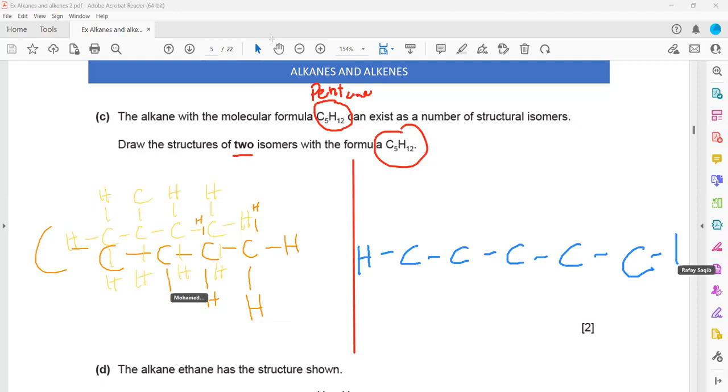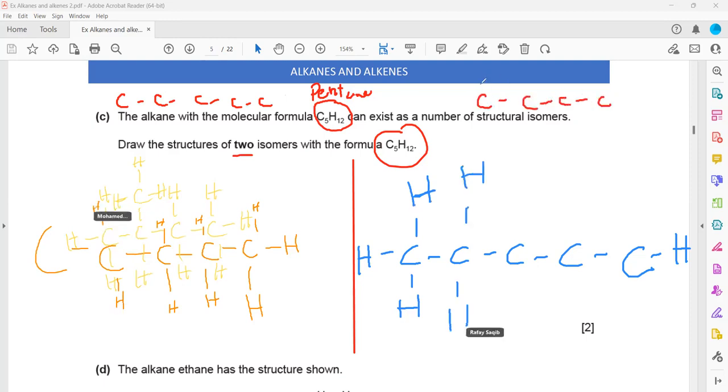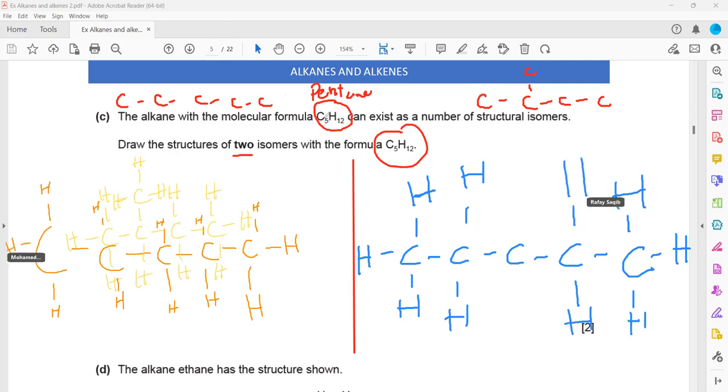So C5, 5 carbon atoms in a straight chain: 1, 2, 3, 4, 5, and then put hydrogen accordingly. And then 4 carbon atoms with a branch, but you cannot put a branch on the first or the last carbon. So a branch is always on the second or second last. And then put hydrogen accordingly. So these are the two isomers.